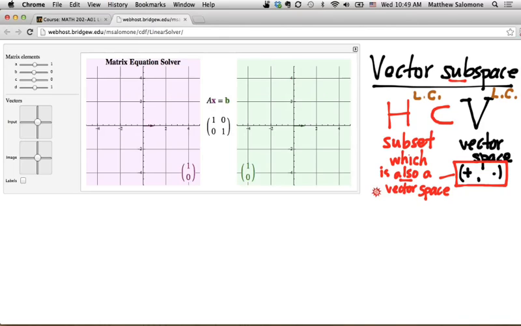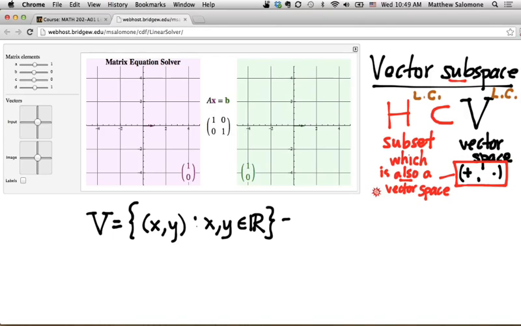So looking at a concrete example for a moment, where our vector space is just the xy plane. So it's the set of all points x and y, where x and y are real numbers. We also call this R2, or R squared, the two-dimensional real plane.